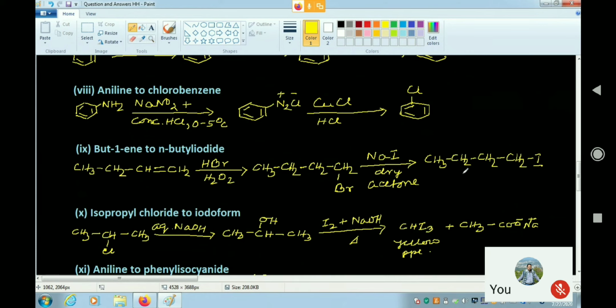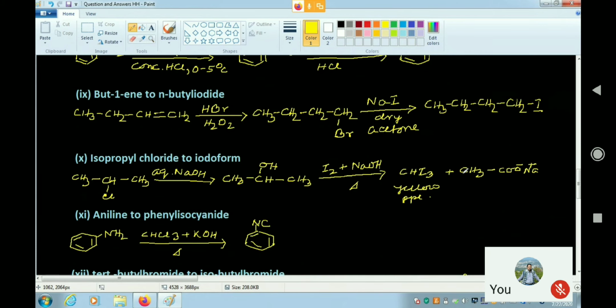Next is isopropyl chloride to iodoform. This isopropyl chloride, first of all, when treated with aqueous alkali, undergoes nucleophilic substitution and gives propan-2-ol, isopropyl alcohol. Now this isopropyl alcohol has the group CH3CHOH.